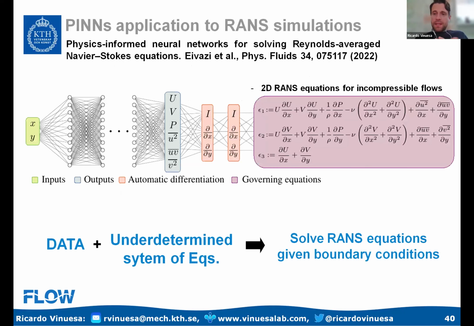With PINNs, basically what we do is take advantage of the machinery used to train neural networks to solve PDEs. In this work, led by Avasi, published in Physics of Fluids, we use PINNs to solve the steady 2D RANS equations in incompressible flow. Our inputs are just the coordinates, and we have a fully connected network, an MLP.